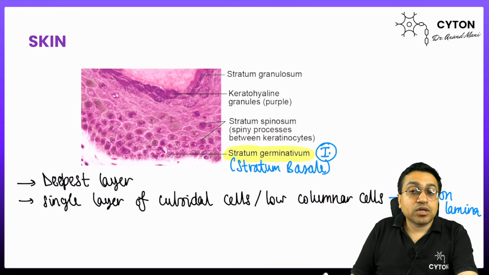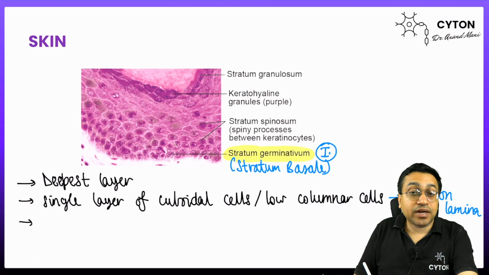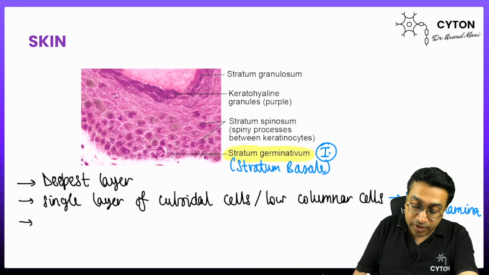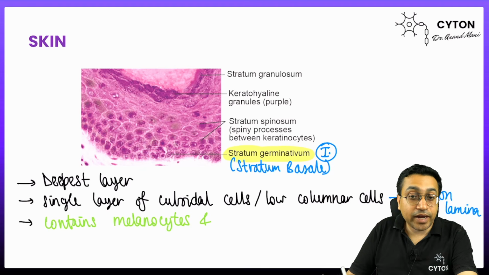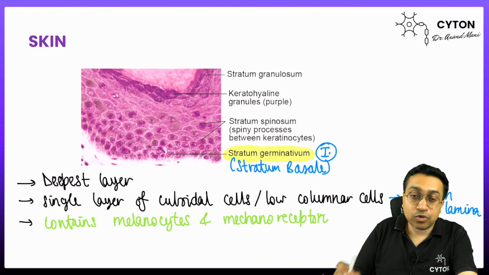Okay. So a very important point to remember in this layer is that it contains the melanocytes and mechanoreceptors, okay.